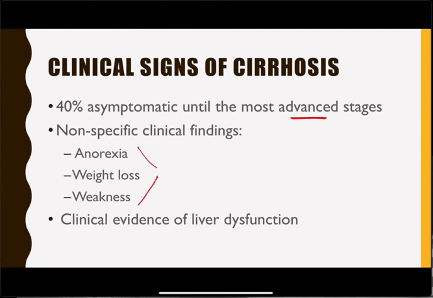These might not be as obvious as they would be to someone who is living a very healthy, active lifestyle. If they are in the medical community and getting tests done, there would be clinical evidence of liver dysfunction. So the liver function tests, evidence of liver enzymes. There would be ways to diagnose this. It's just difficult for the patient to have the subjective signs in cirrhosis.